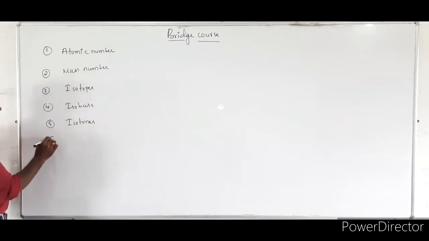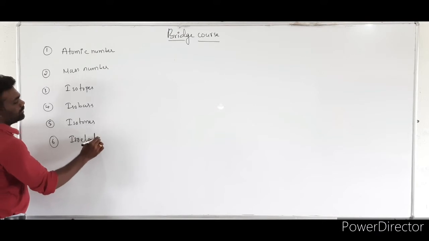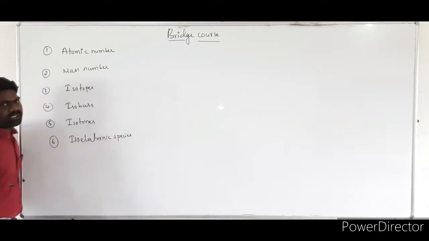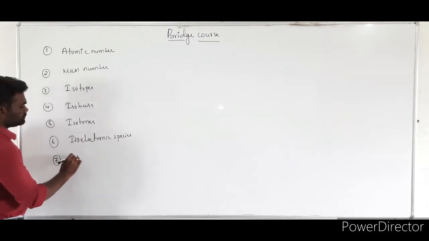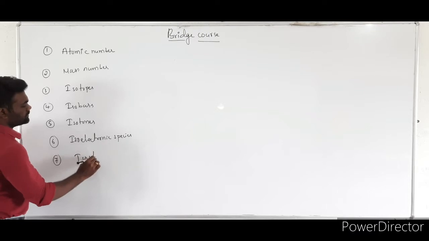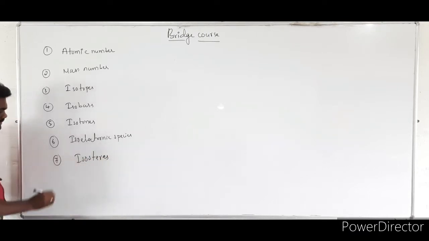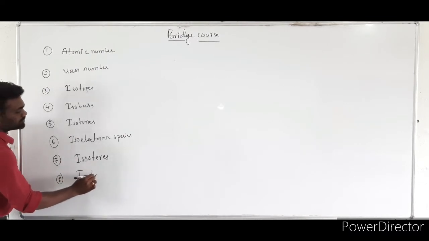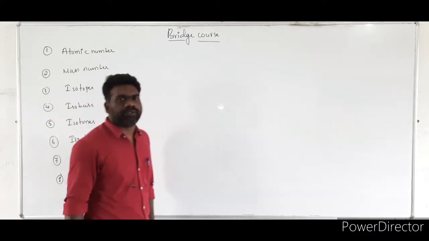And the sixth one is isoelectronic species. And the seventh one is isosters. And the eighth one is isodiaphers. So these are some important terminology we are going to learn.